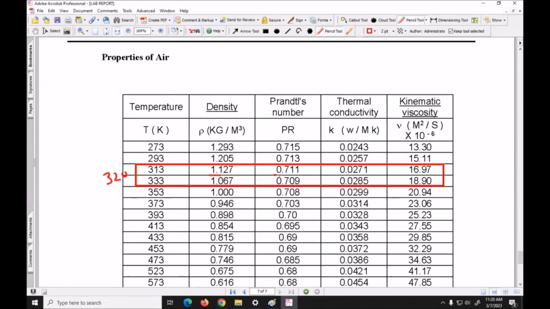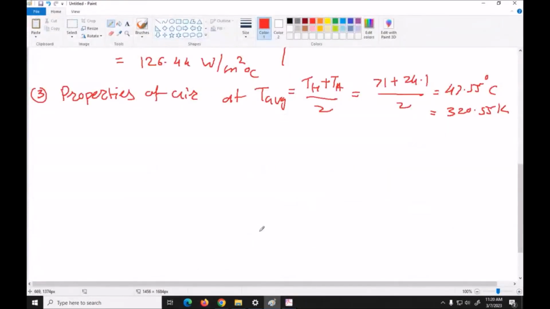So we'll take the properties at an average or by interpolation. So by interpolation we can write the properties. We'll write the properties of air at 320 Kelvin. The density is equal to 1.100 kilogram per meter cube.